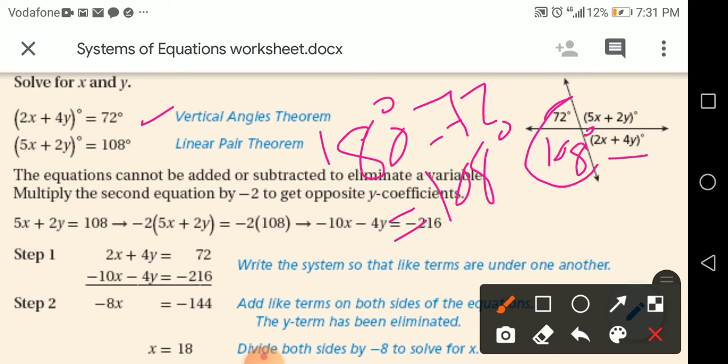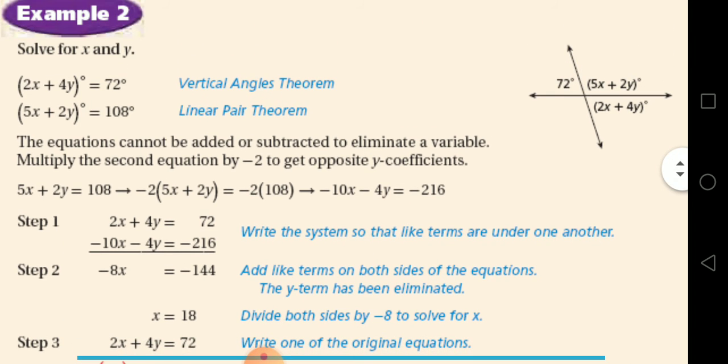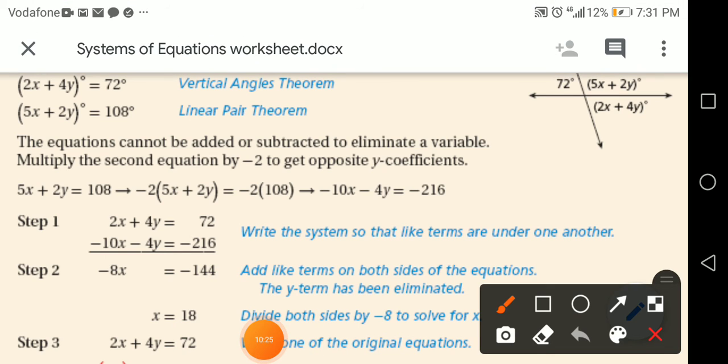Okay, guys? Let's complete. After we write both of them, we have steps to follow. As you see, these two equations can't be added or subtracted to eliminate a variable as they are, but we can eliminate the variable by using what? Open your eyes now, please.